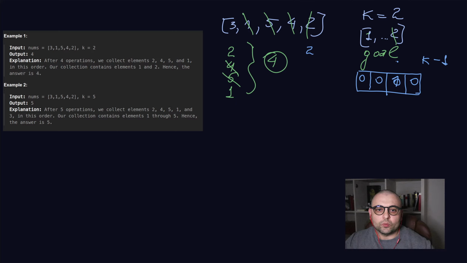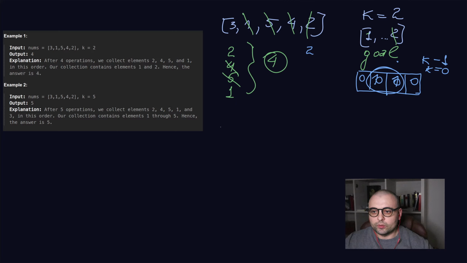We'll do -1, so we move on. 4, we don't have 4 in our list, we don't care. 5, we don't care. And 1 will be this one, and k will be 0. So we've marked everything. And if k became 0, then we can exit. So have a counter. Let's do something along those lines.